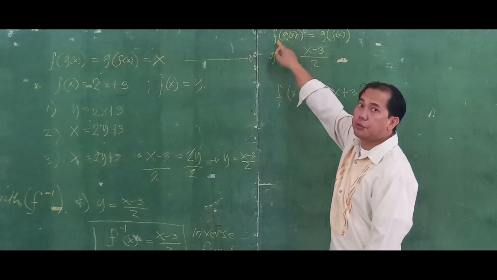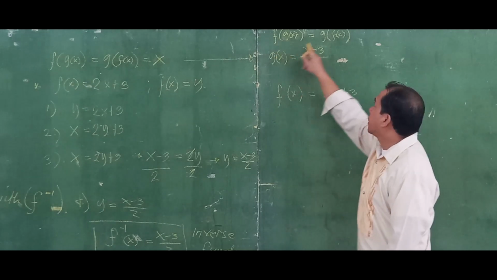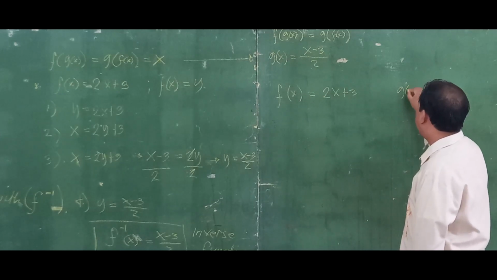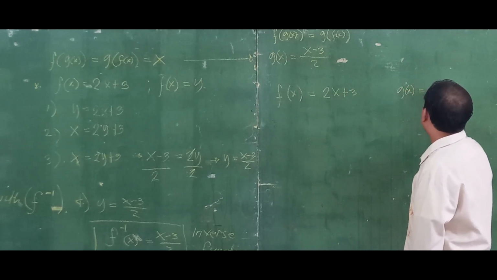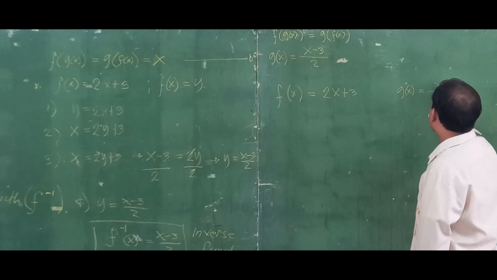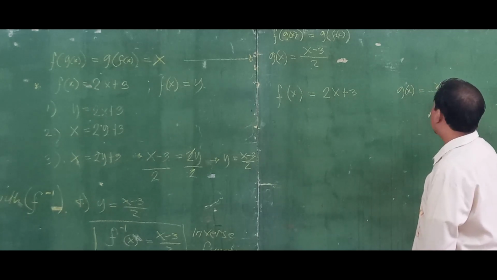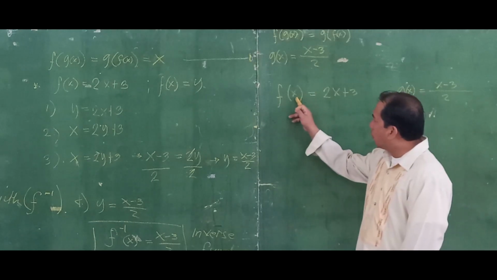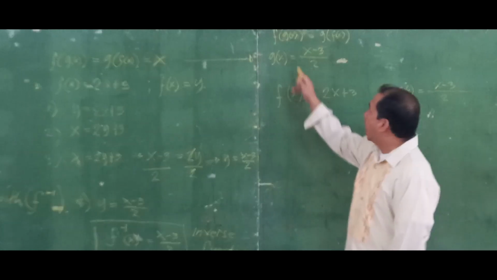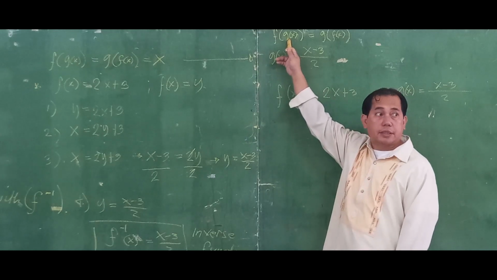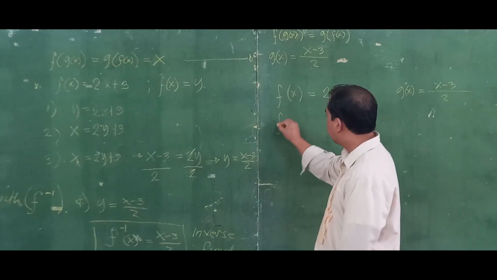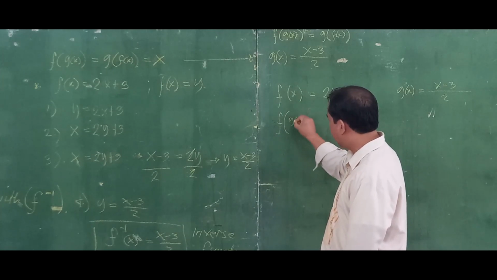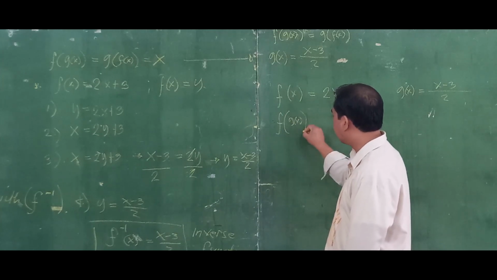Outer function. What is my outer function here? G of x is x minus 3 over 2. Next, notice that our x in here will be what? G of x. So our x will be g of x.